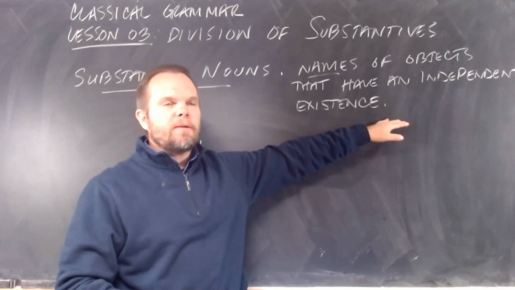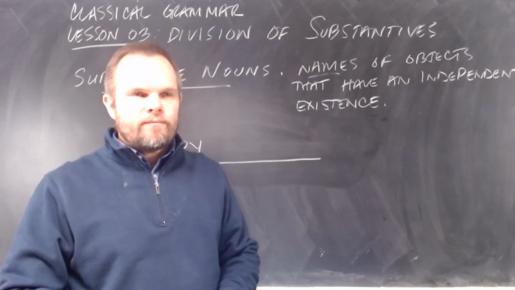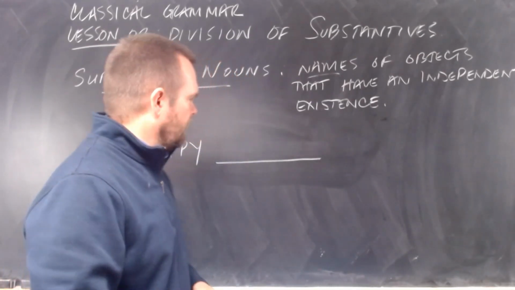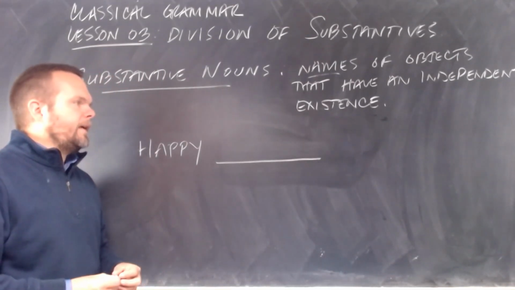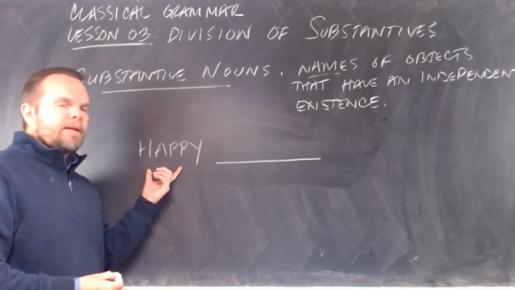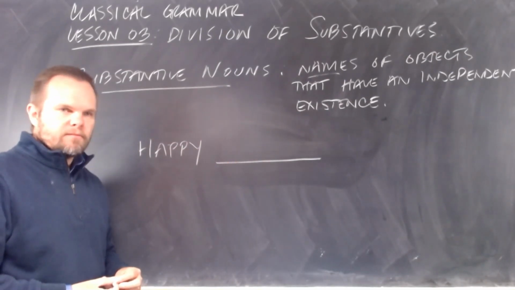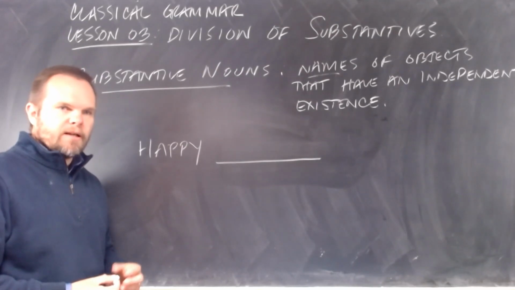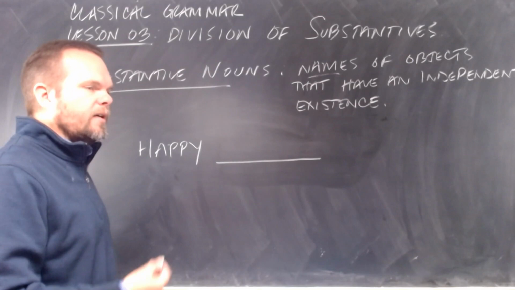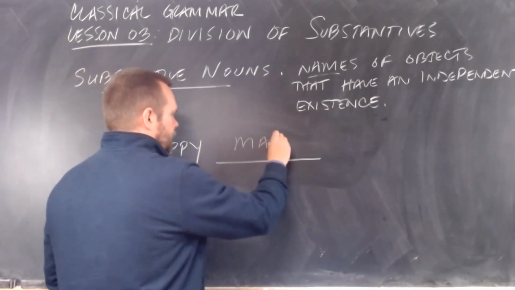Independent existence means it's a name that can stand by itself in speech. A word like happy can't stand by itself. Happy is an adjective. It has to be added to something. So I have to say, happy man.